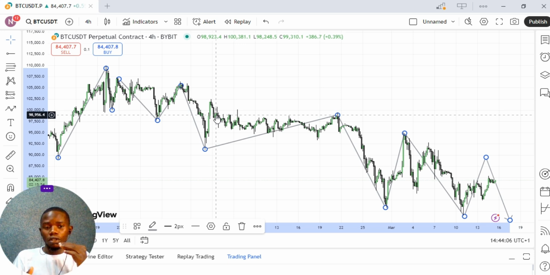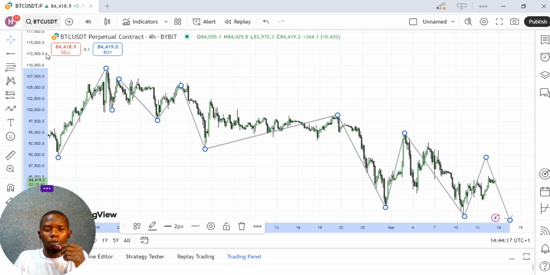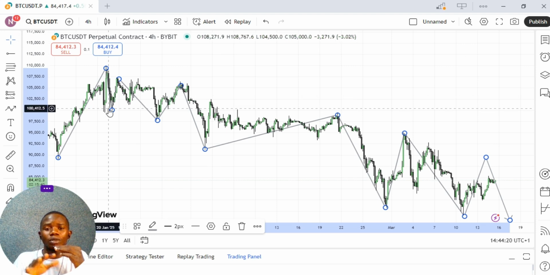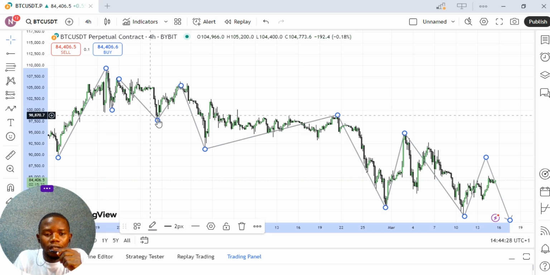If you want to see a consolidation market, this week we had a lot of consolidation on gold. So gold right now has a choppy movement, but I really want to do my explanation on BTC, then I'll go to gold later in the video, so you just want to stick around for that.